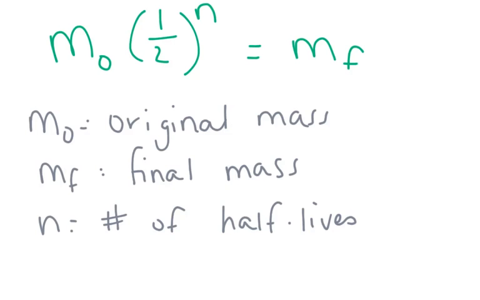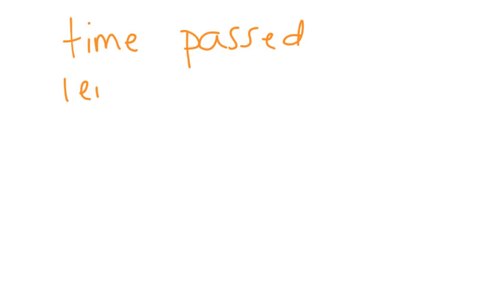Now, sometimes in a problem, you're told how many half-lives a substance has gone through. But other times, you're given time information. You're given the time that has passed, and you're given the length of the half-life.